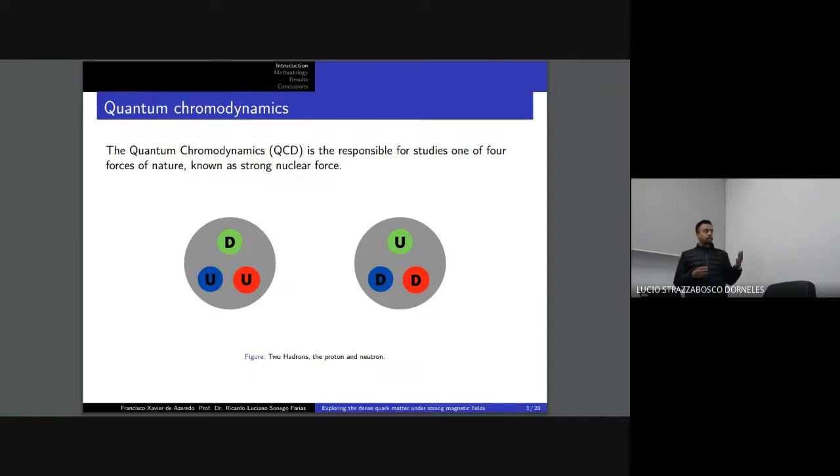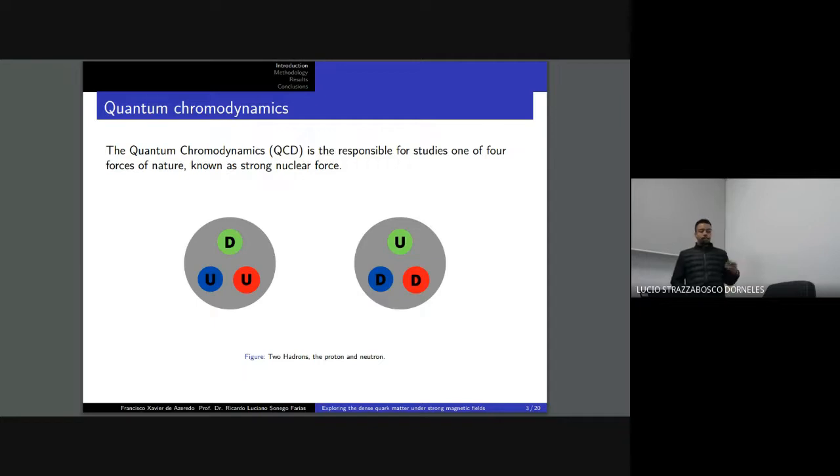The difference between a proton and a neutron is the configuration of the quarks. While the proton has two up quarks and one down quark, the neutron has two down quarks and one up quark. Also, the quarks have fractional electric charge in units of the elementary charge.